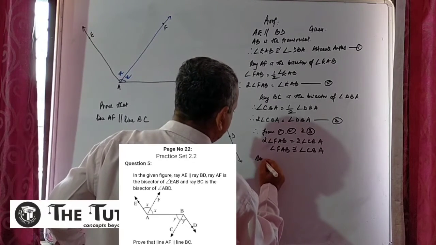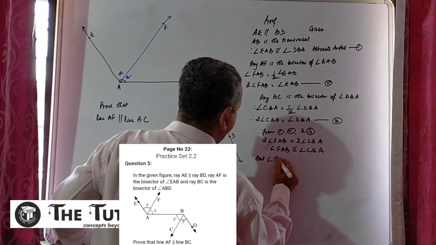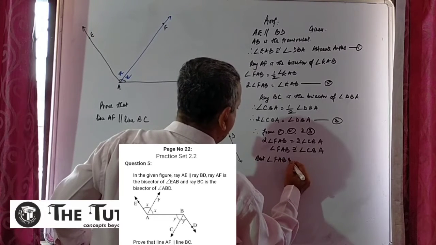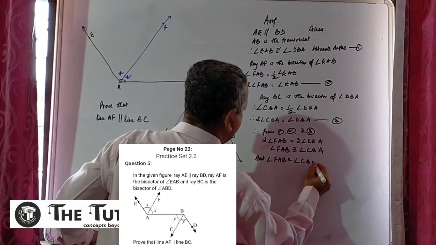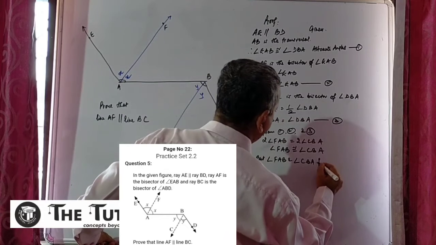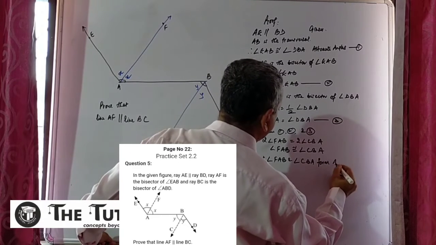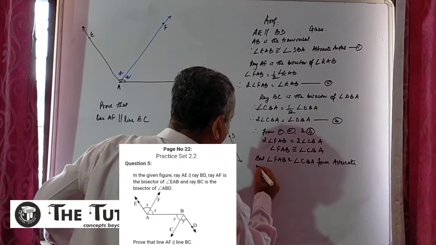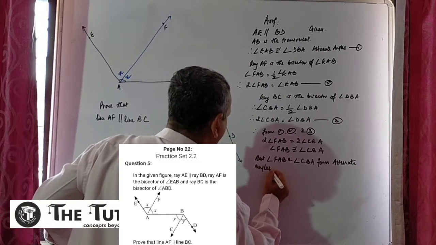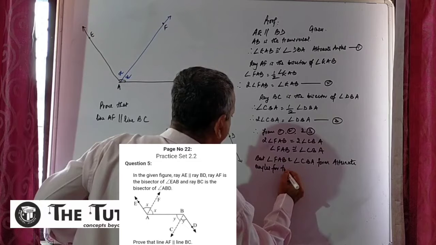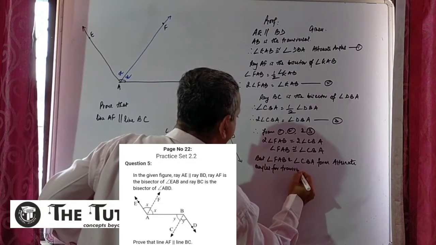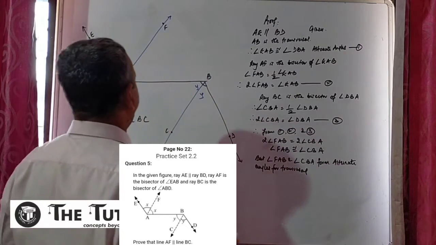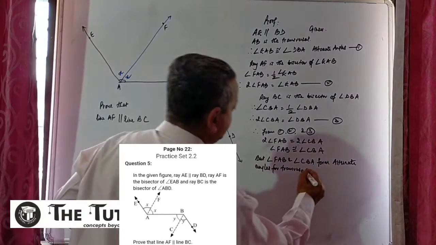But angle FAB and angle CBA form alternate angles for transversal AB.